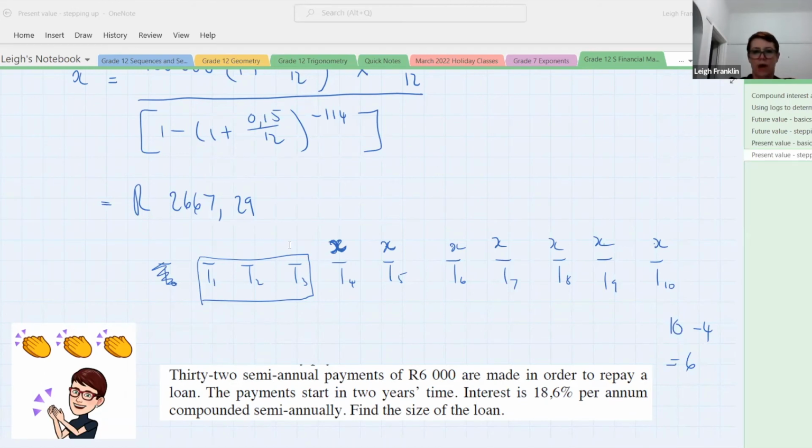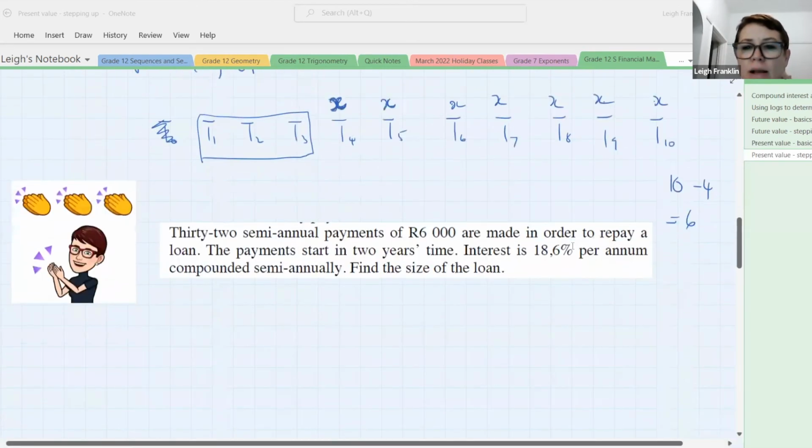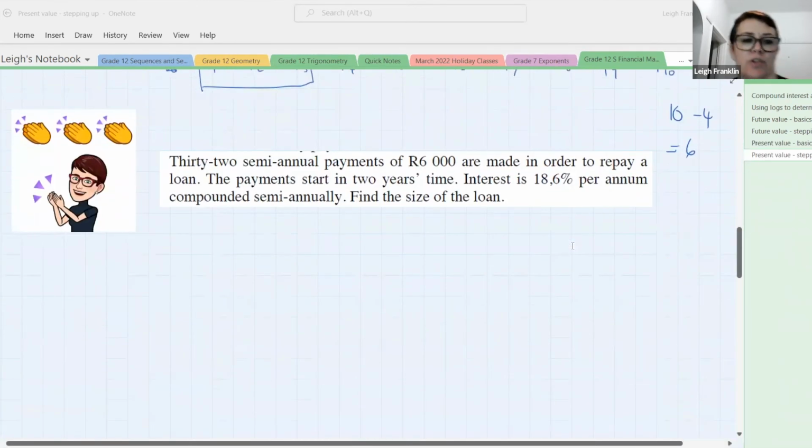Okay, so now that I've explained it like that, where we're starting at T4 and making payments all the way up to T10, you can see that there are 7 payments that are made, not 6. Does that make sense now? Cool beans.